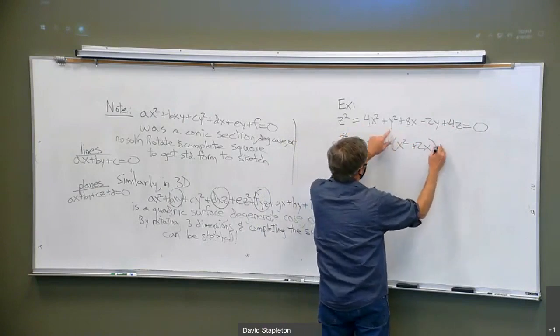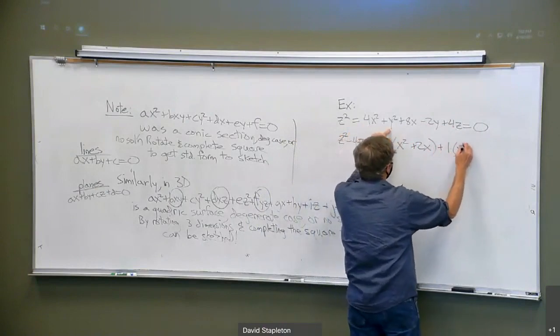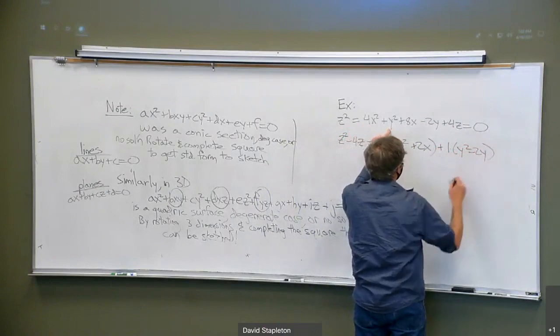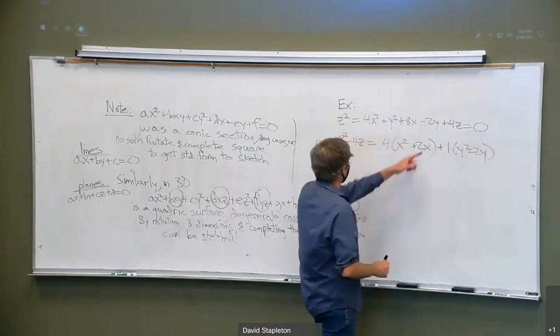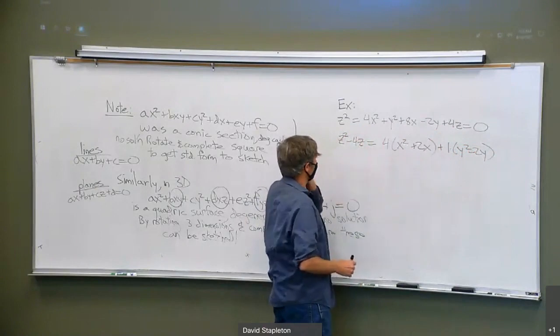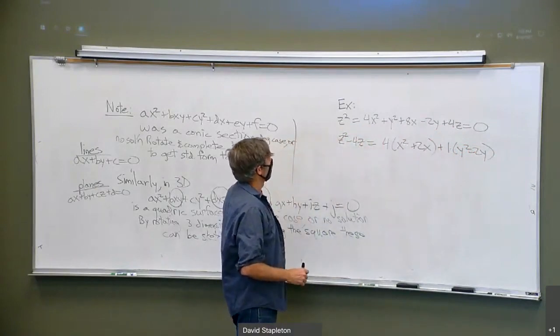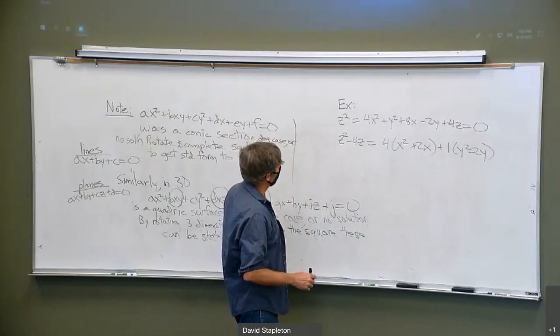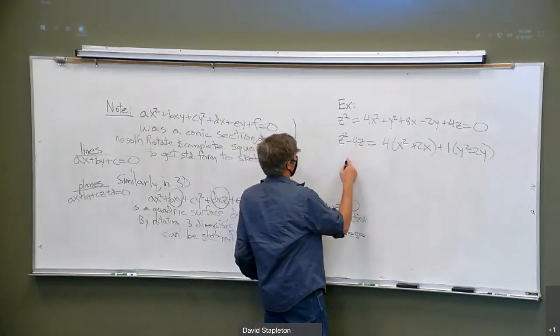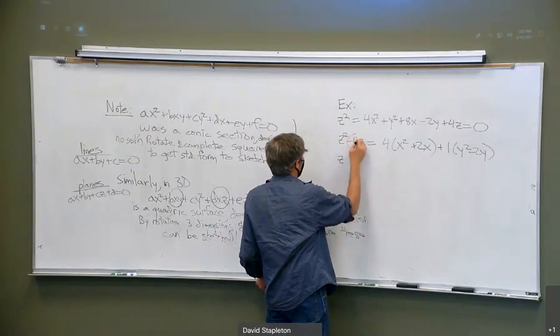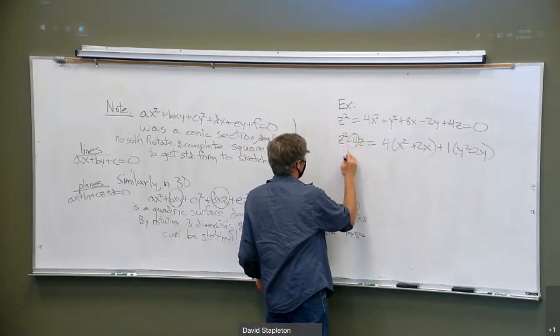And then 1 times y squared minus 2y. So subtract the 4z over and collect these like terms, the y and z. Now what you ask is, what do I need to do to complete the square in each of these variables? Well, I take 1/2 of this coefficient, recall, and square it.